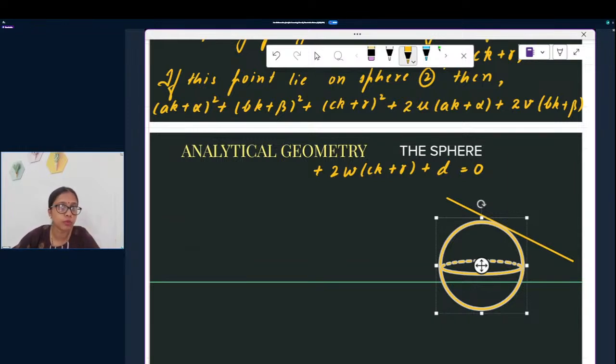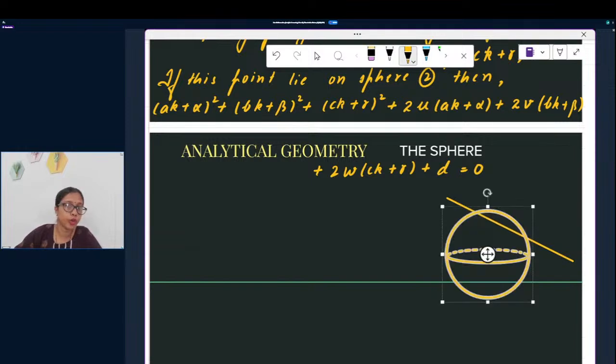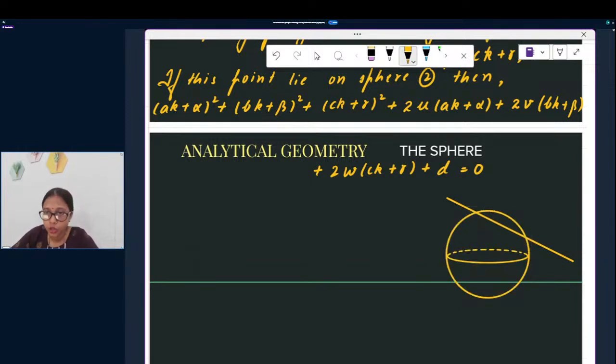The discriminant will be equal to 0, right? And then the last case where I have 2 points of intersection, this is point P, this is point Q. So I can have no point of intersection, 1 point of intersection, or a maximum of 2 points of intersection.